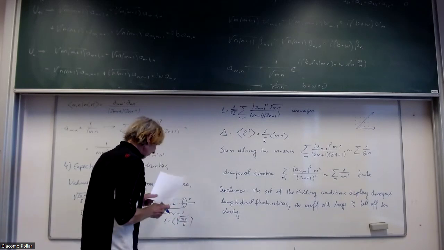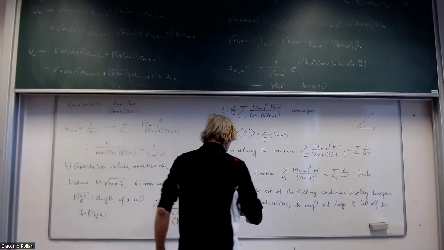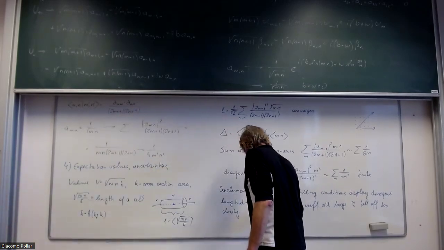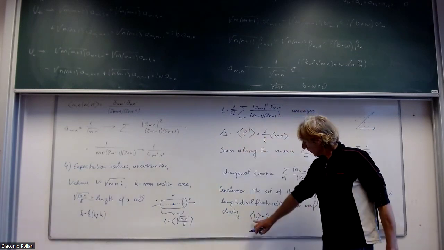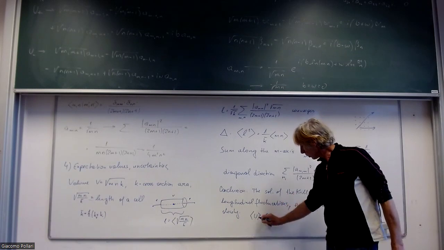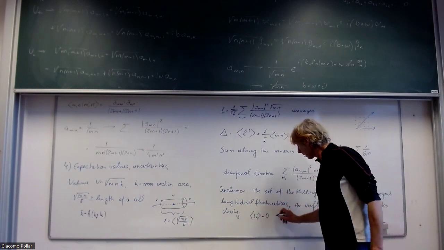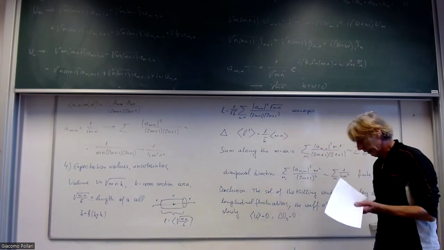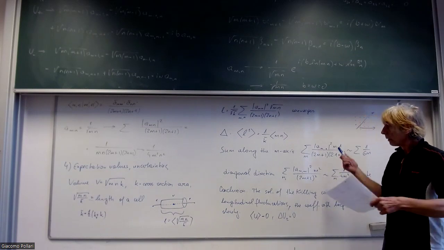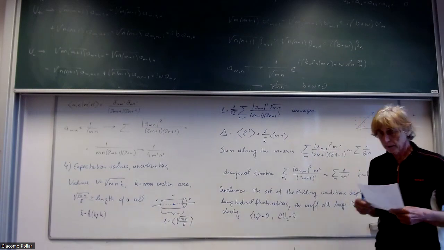Again, what we had was the expectation value of the Killing conditions U plus or minus is exactly equal to 0. Delta U plus minus is equal to 0 without any fluctuation. And so we get divergent length fluctuations.